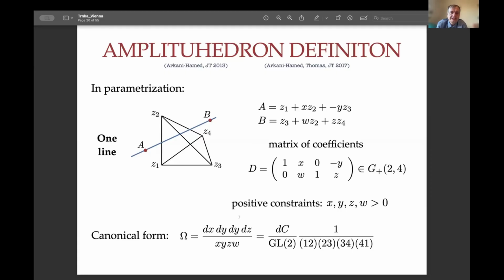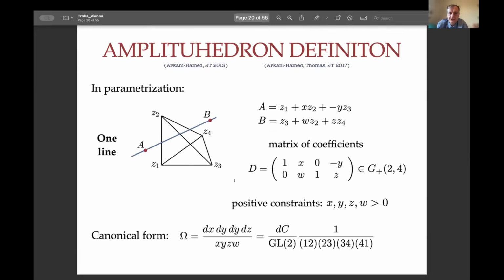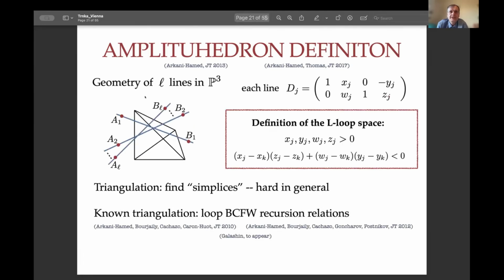So once we have that, the canonical form is just a very simple D-log form in all these parameters. And then we can reverse it back and write the canonical form in terms of these minors. And then, as we will see later, we can also write it, of course, in terms of these 4 brackets, which is what we would eventually like to do.